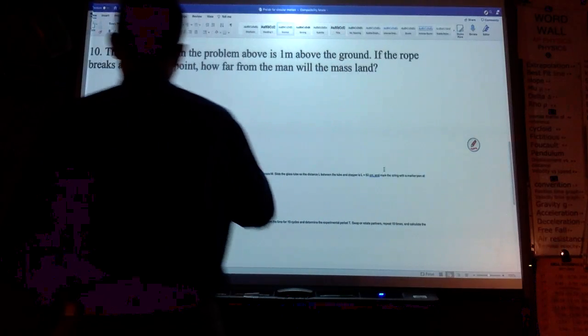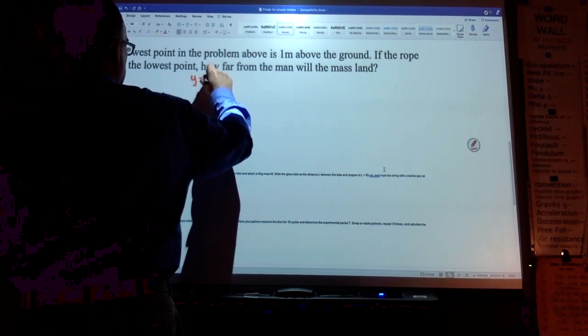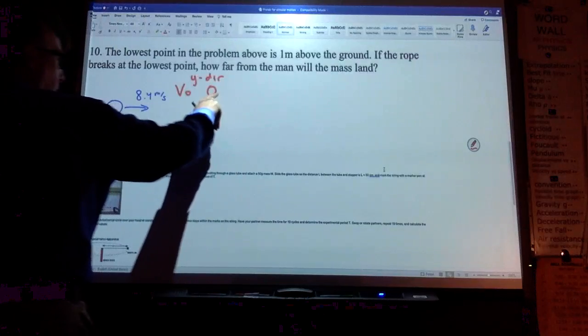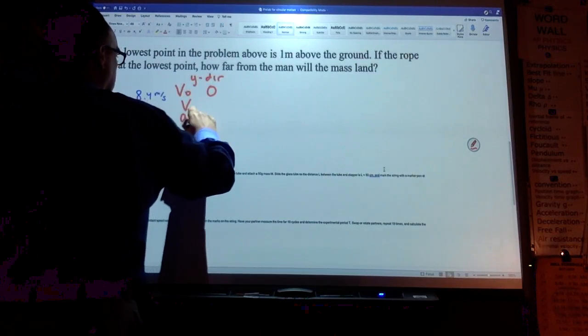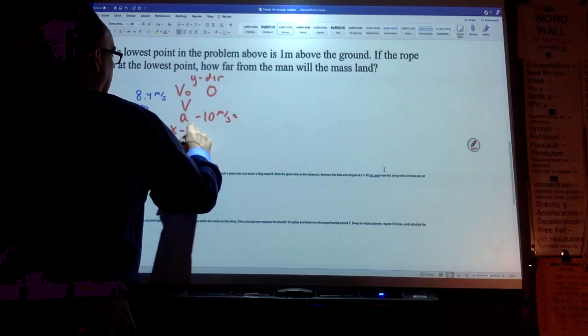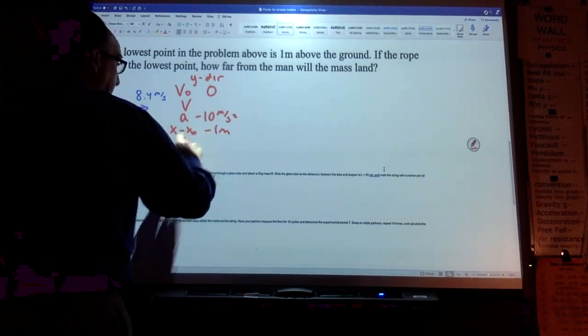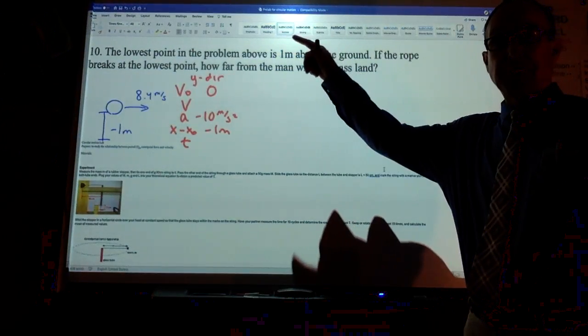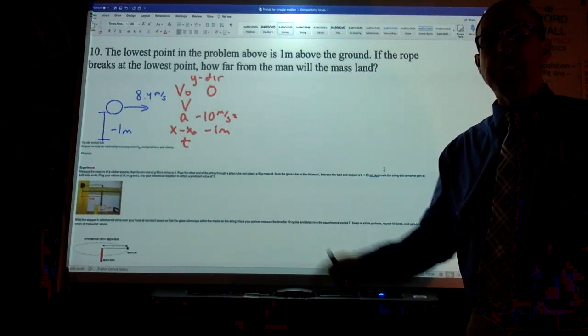So my y direction chart, if you remember, our initial velocity in horizontal launch is always 0. Our acceleration for a projectile is always -10. In this case, our displacement is -1, because it starts at a certain height and it finishes 1 meter lower.